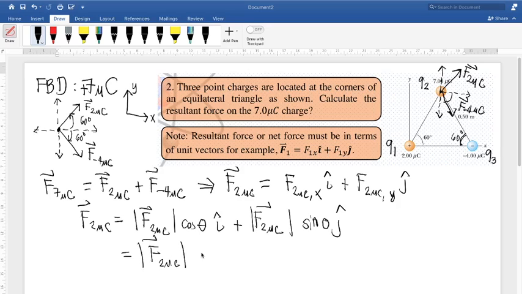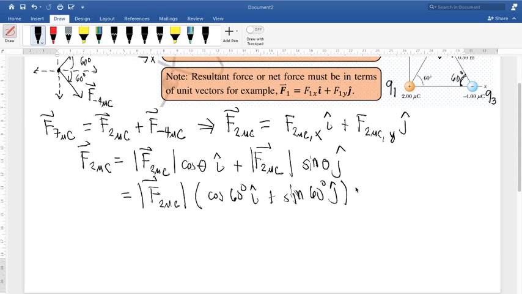Okay, so because that is constant, then multiply with cosine 60 degrees i hat plus sine 60 degrees j hat. Okay, so that wala siya.